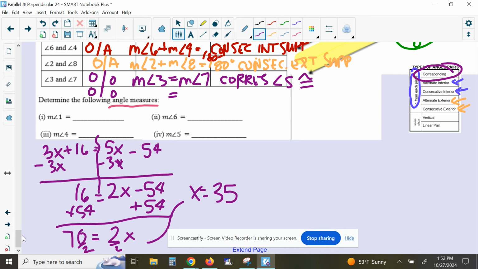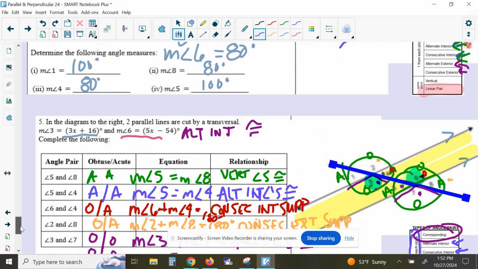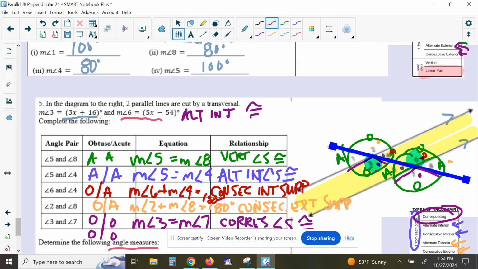Okay, so I'm going to go back up and plug them into these two things. So remember it said the measure of angle 3. I'm basically going to plug a 35 into both of these. So I'm going to put a 35 right here and a 35 right here, and then I can get the measure of these angles. I'm going to go ahead and get my calculator. For this one I'm going to do 3 times 35, and then add 16 to that.